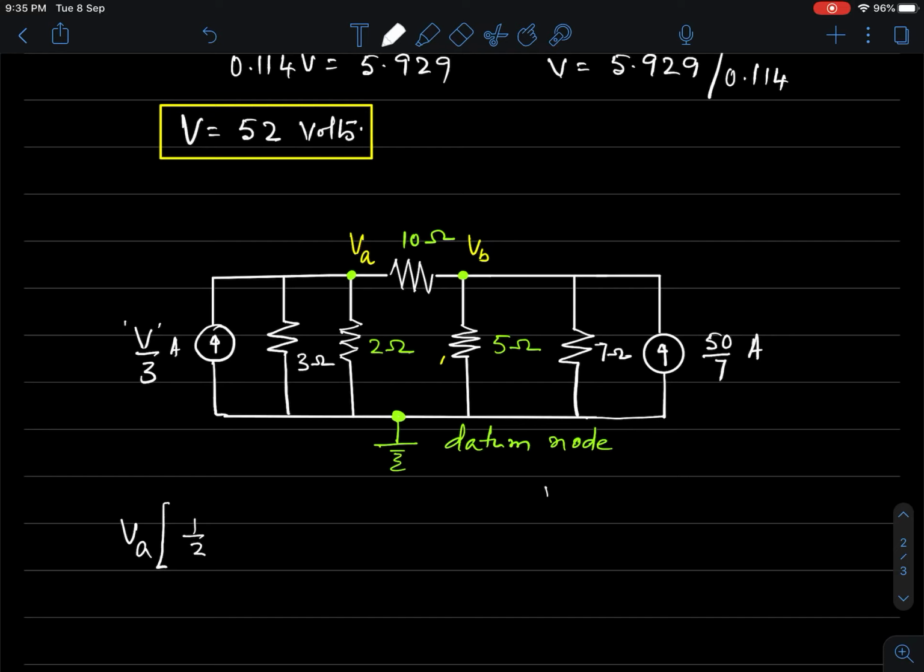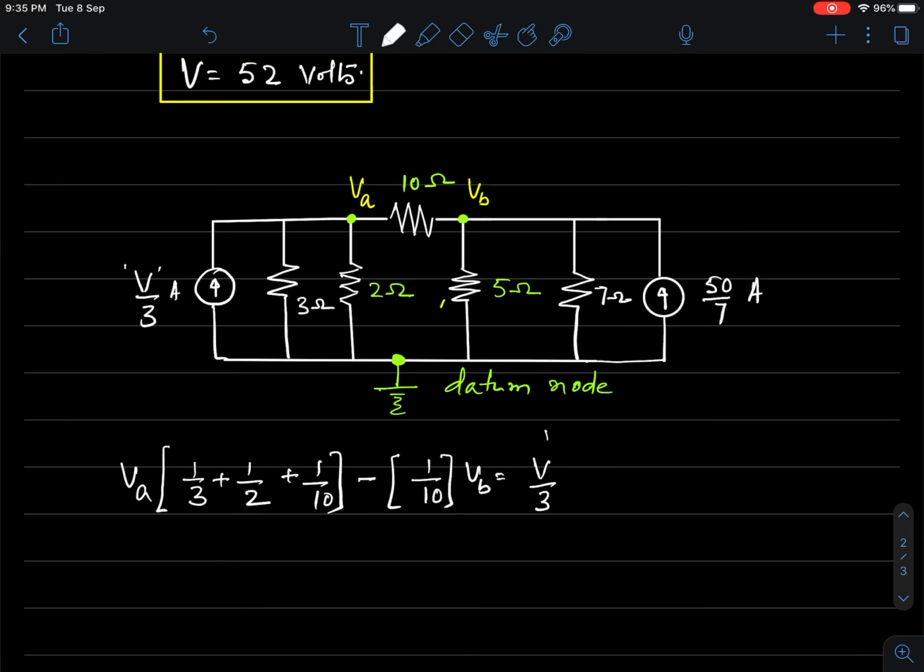Sum of all the admittances would mean 1 by 3 plus 1 by 2 plus 1 by 10, minus the admittance that is common between the 2 nodes, 1 by 10, into VB, equal to current entering the node, that is V by 3. This is our first equation. Even in the previous case, you can always scroll back and rewind and see.